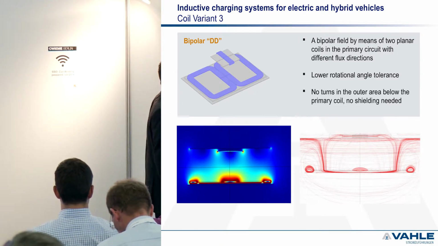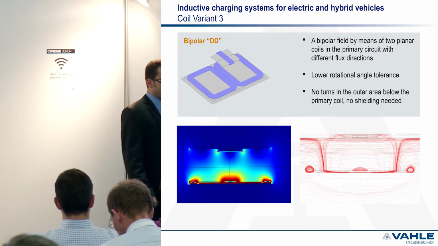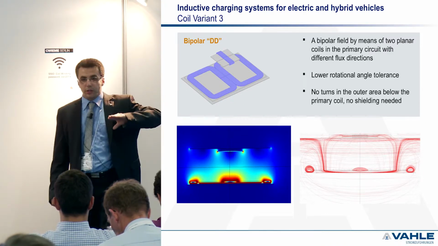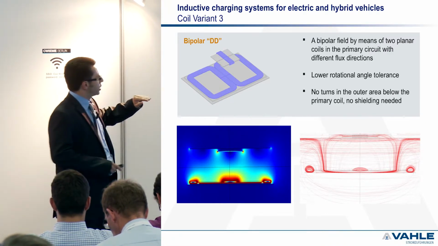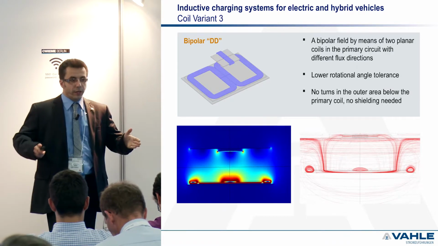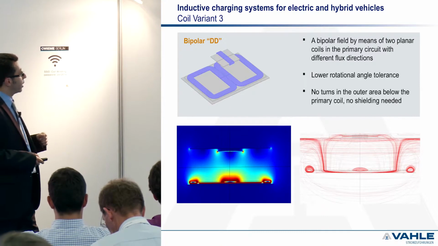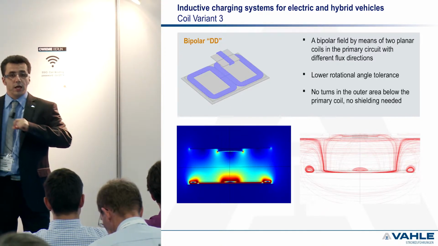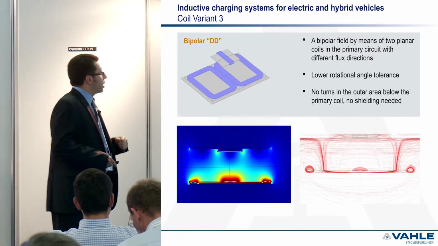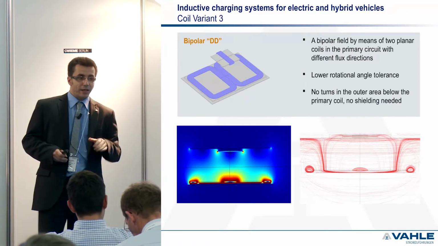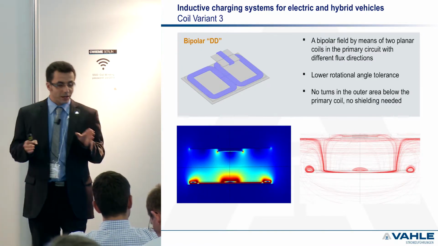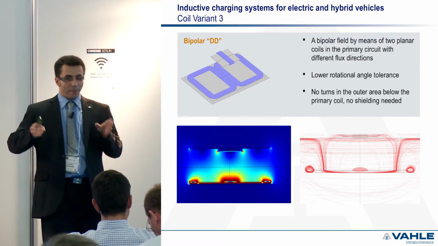This is the double D, but it is a little bit bigger. It is compatible with the solenoidal coil, so that's why we just use it for the primary part, because it's too big. We don't have the room on electric cars. That's why for the secondary part, we're just using solenoidal, and for the primary, the double D.